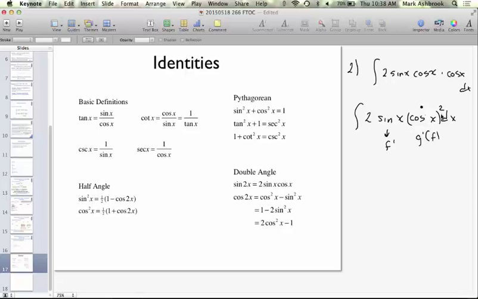So we're going to just do the antiderivative of something squared, which is something cubed, or 1/3 times that thing cubed. And then we've got the 2. And when we take the derivative of cosine, we actually get negative sine, so we're going to need a negative sign. So we get negative 2/3 cosine cubed plus c.